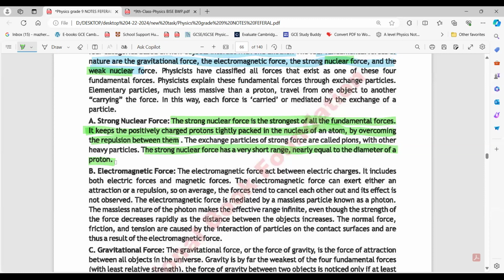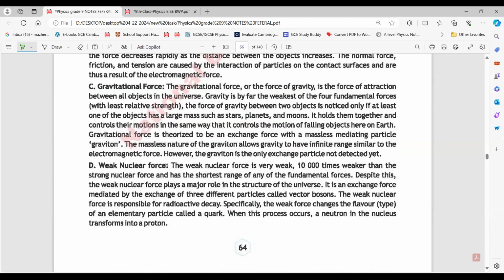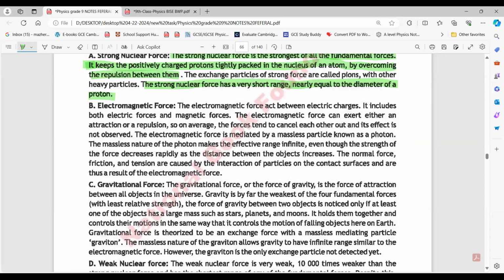Are we clear about the strong nuclear force? Yes, but what are pions? Pions are particles, exchange particles of the strong force. It's a type of particle. That's not important in our syllabus. You just need to keep this in your mind. I told you that this is a topic that students normally do in first year and second year, but they have given you these topics. Do you know about the fundamental particles?